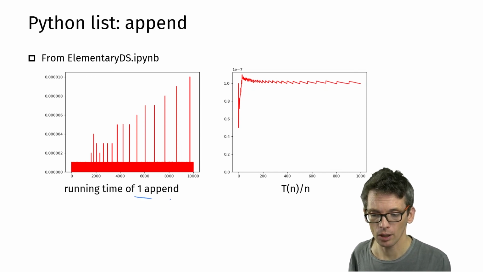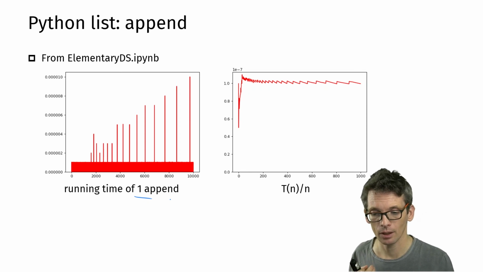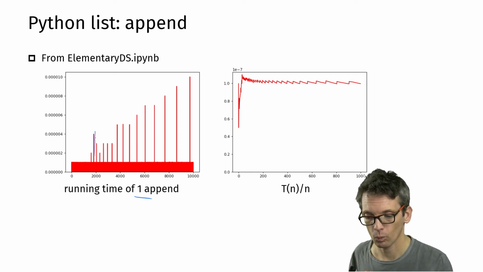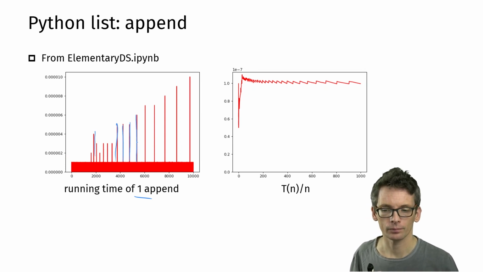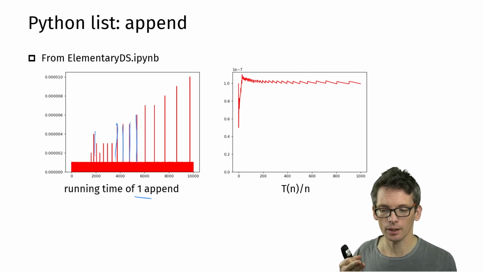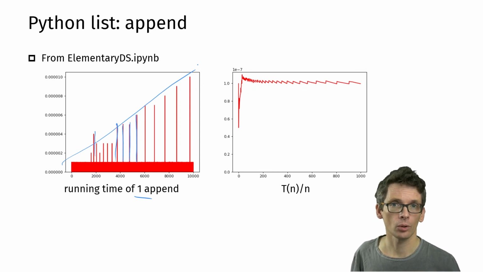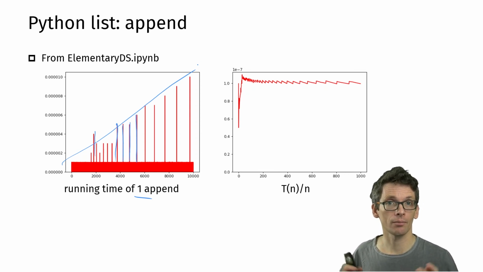And here you see the running time for one append operation, and indeed you see that once in a while we get these spikes. So this very clearly shows that append sometimes takes linear time. It's just so seldom that it doesn't matter overall.